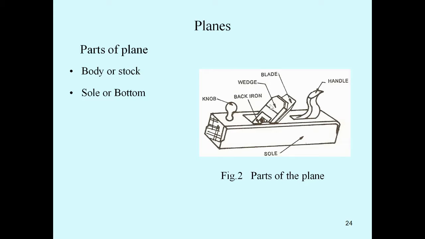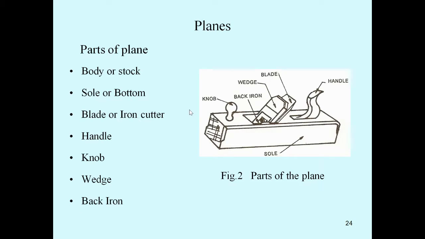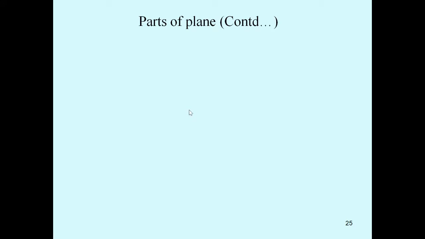Blade or iron cutter, this is the iron cutter blade. Next, this will be the handle, and in the front portion there will be a knob. This part is called the wedge, and the next one is the back iron. These are the parts of the plane.